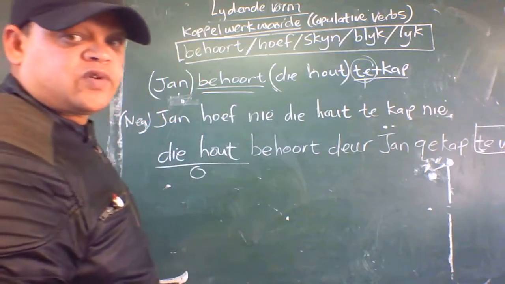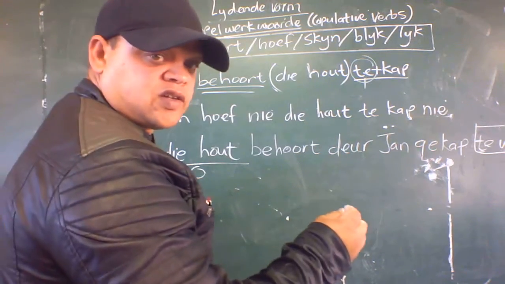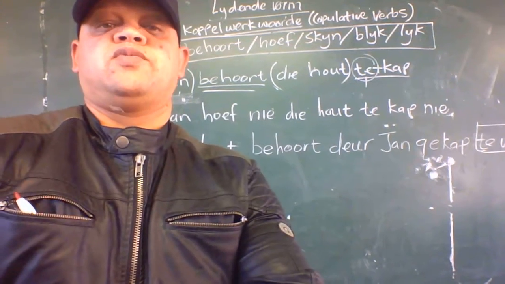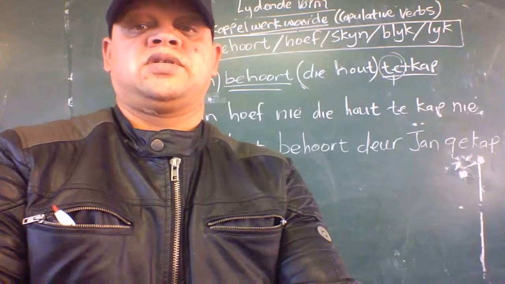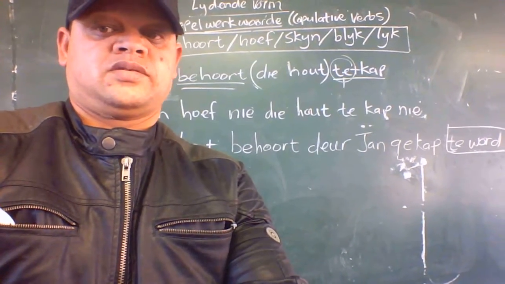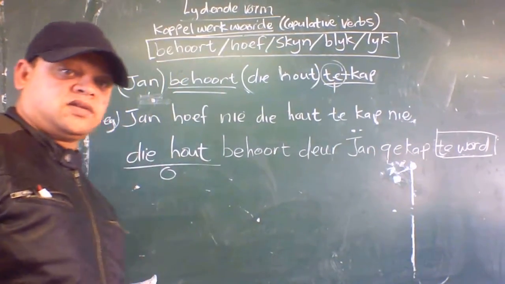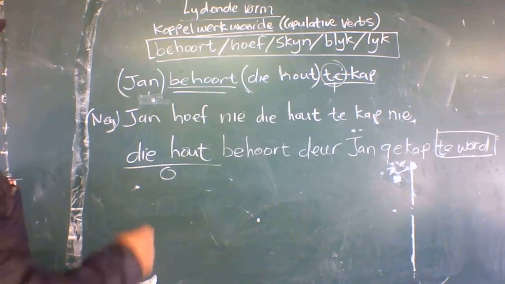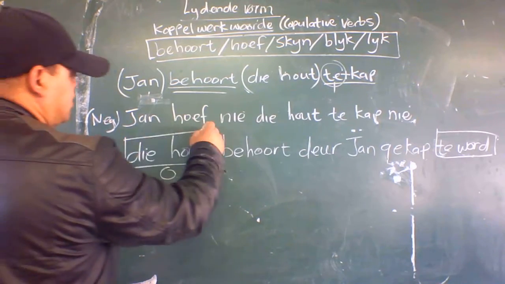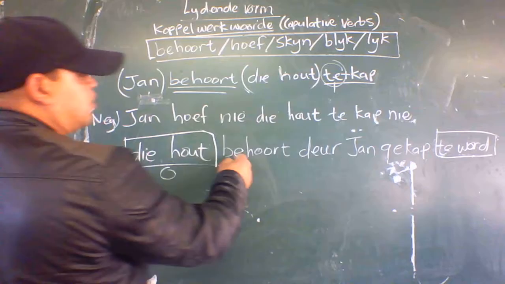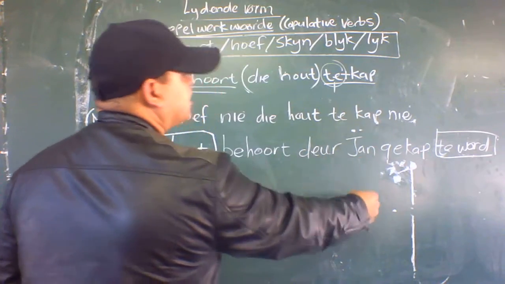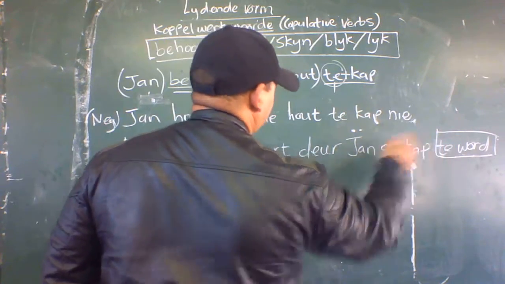Right at the end of your sentence. We started with our object, the hout, behoort deur Jan, right? Gekap te word.